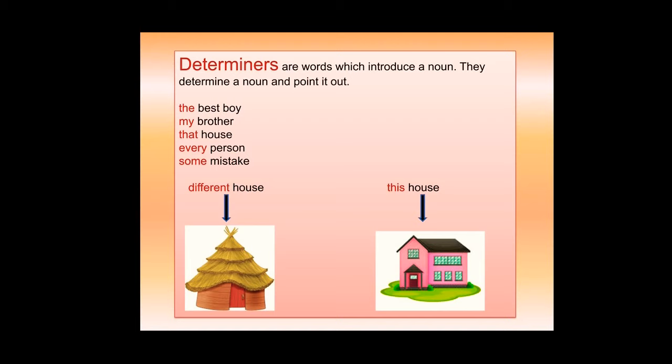Though we are using it before a noun, it is not a determiner because it is telling the quality of that house. Whereas in this picture, this house is talking about a particular noun. It is pointing out that this house, so that is why here it is working like a determiner.